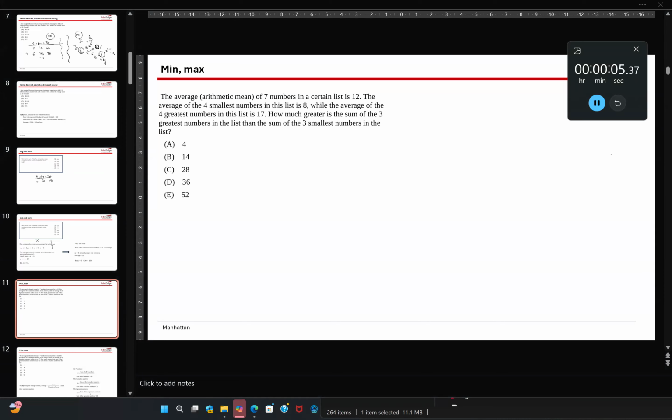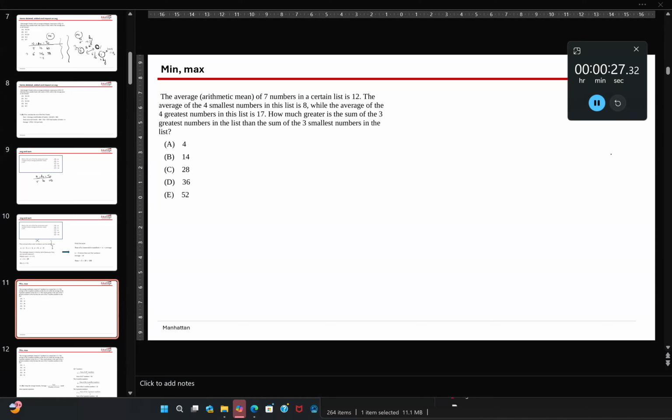The average of seven numbers in a list is 12. The average of the four smallest numbers is 8. Number 32.